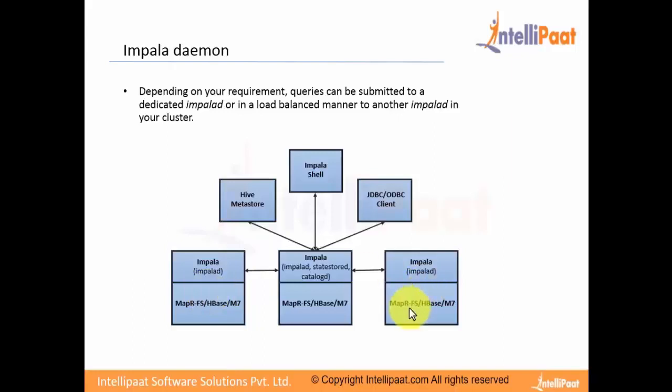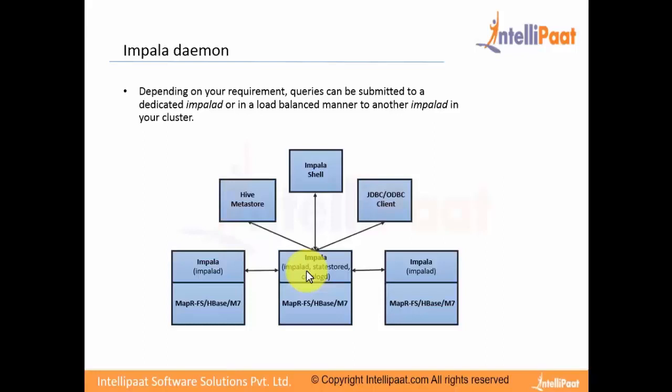Once the left and the right Impala D daemons are done with processing the data, they will return the data back to this centralized Impala D node, and it in turn will return the data to the client whosoever has asked for it, for example, Impala shell or JDBC ODBC client. That is how an Impala cluster works, and that is the role of Impala daemon.